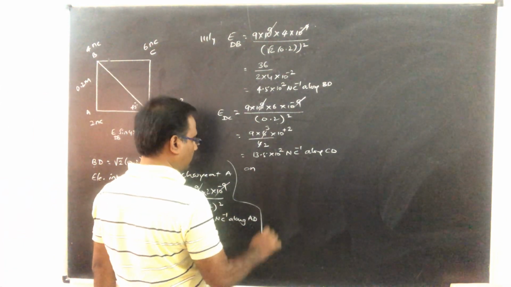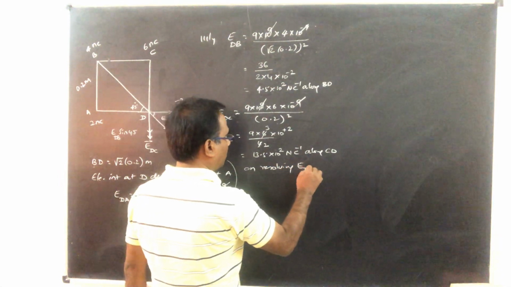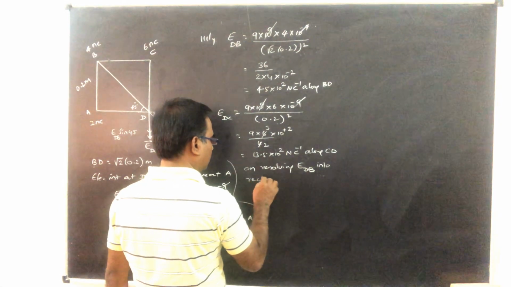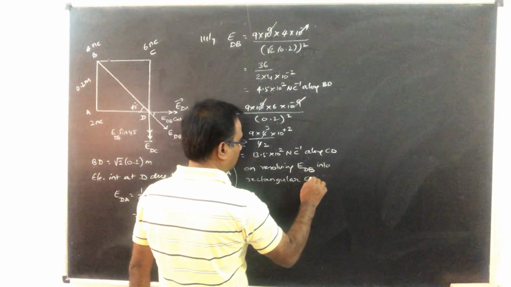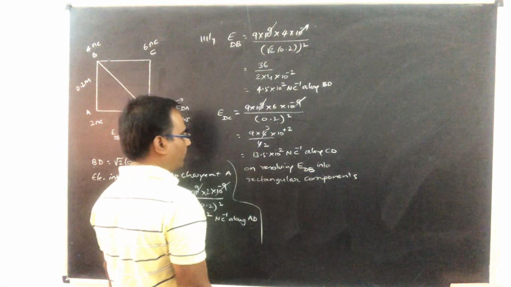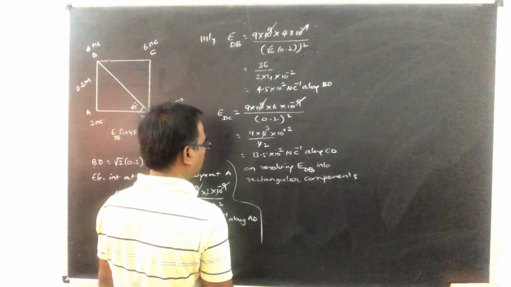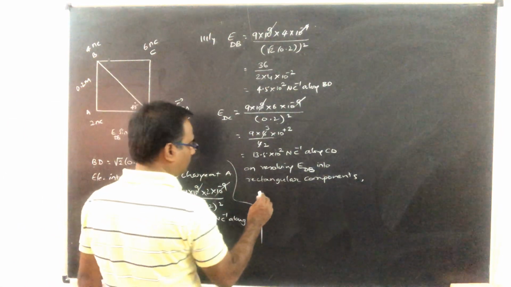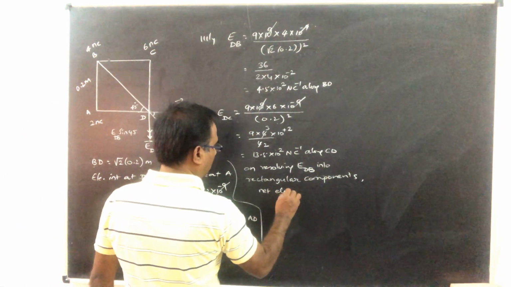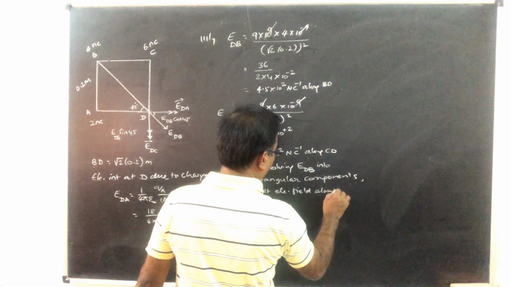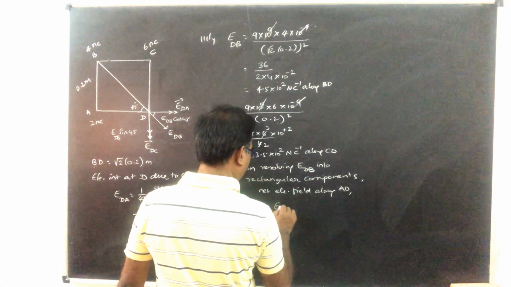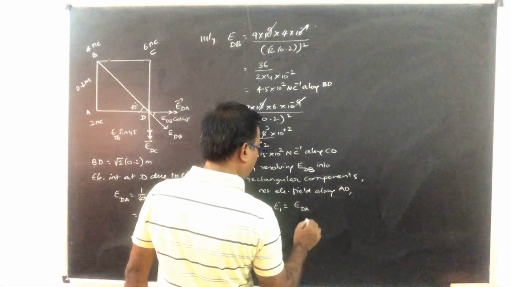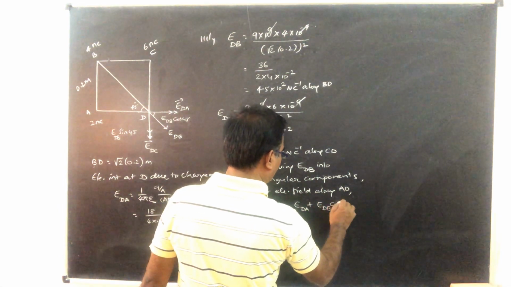On resolving EDB into rectangular components, the net electric field along AD, E1, is equal to EDA plus EDB cos 45.